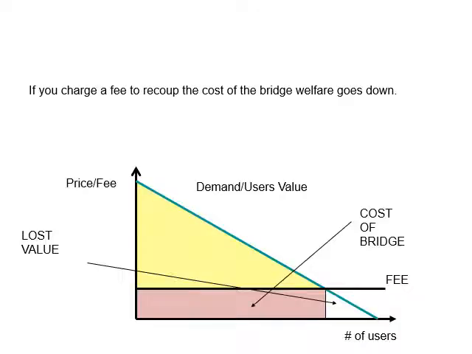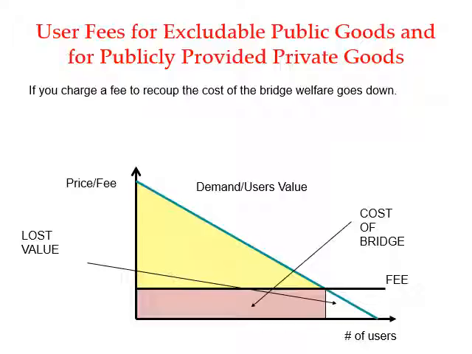Here you can see that if you charge a fee to recoup the cost of the bridge, welfare goes down. Number of users is on the x-axis and price level on the y-axis. Price and fee are constant. There is no change in price or fee. This is the demand curve and this is the cost of the bridge.